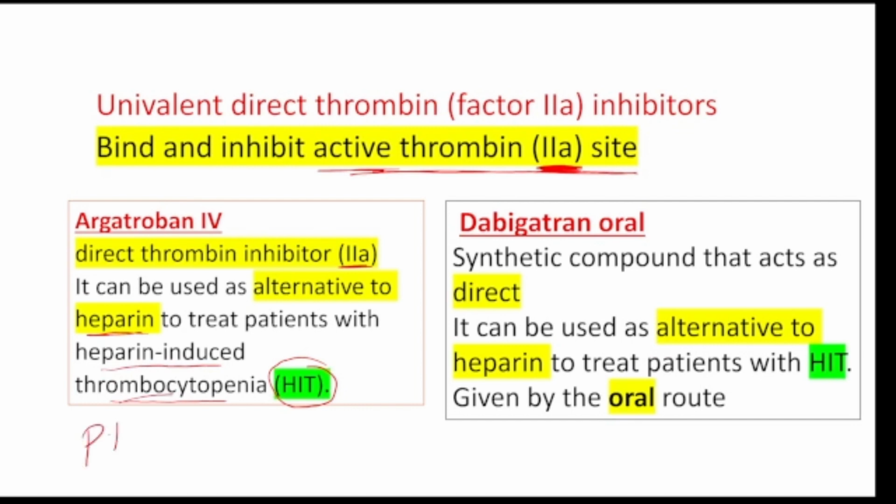You can imagine you place your patient on heparin, but the patient comes back to the hospital or clinic suffering from HIT, heparin-induced thrombocytopenia. So you stop the heparin and switch the patient to argatroban.